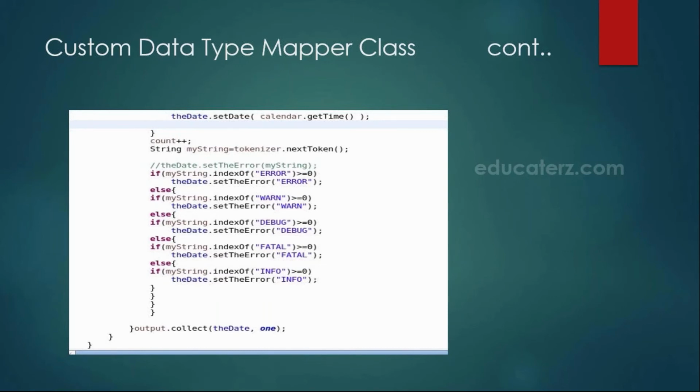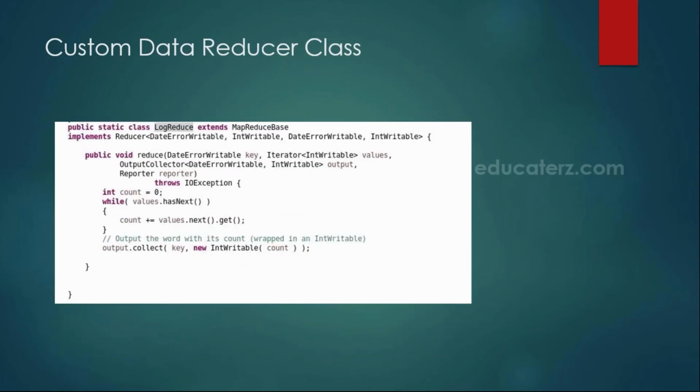Because in the reducer, what I'm going to do is calculate how many times each individual combination of the date as well as this info or one messages has been repeated. So in the reducer class, I have simply used a for loop or a while loop, and we can increment the count so that it will display how many times each value has been repeated over here.